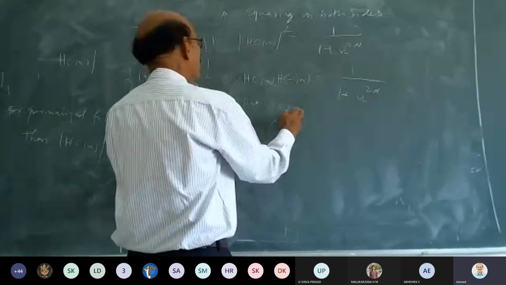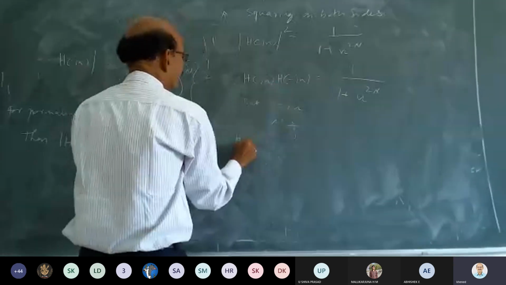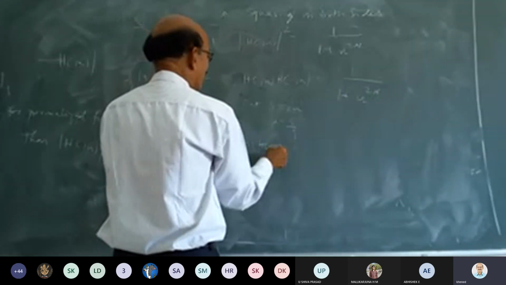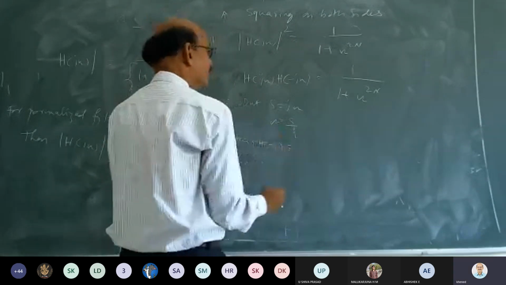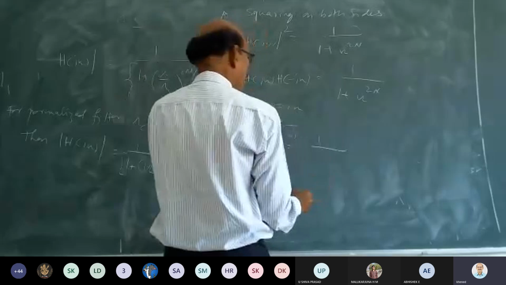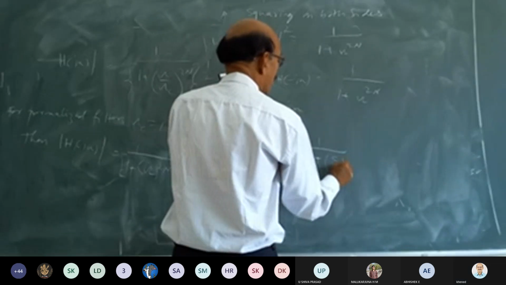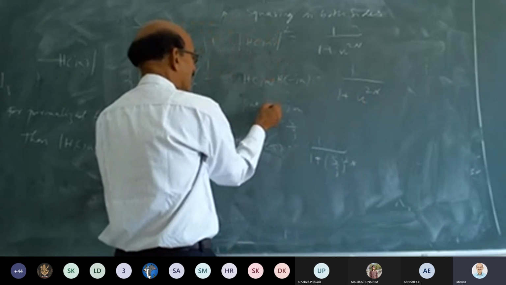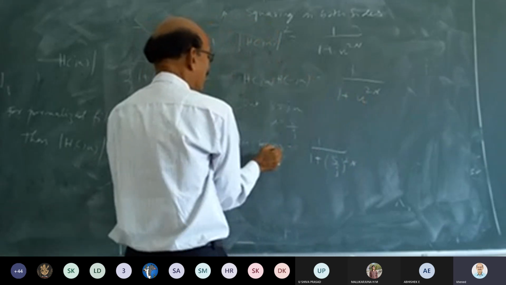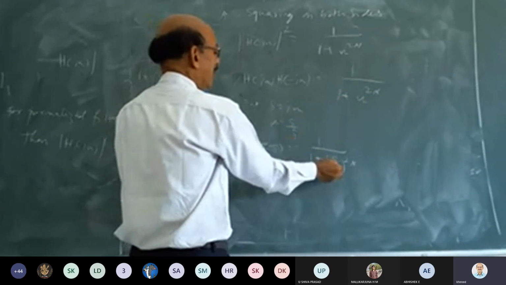Now H(s) into H(−s) is equal to 1 divided by 1 plus (s by j) to the power 2n. So jω I replace with s, minus jω I replace with minus s, and this ω is equal to s by j.